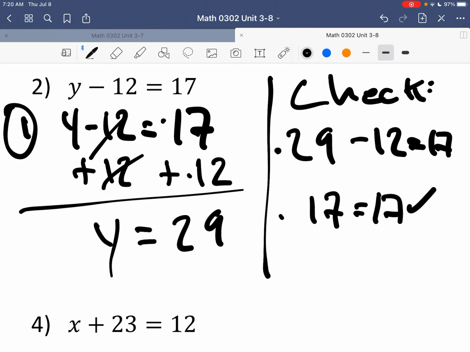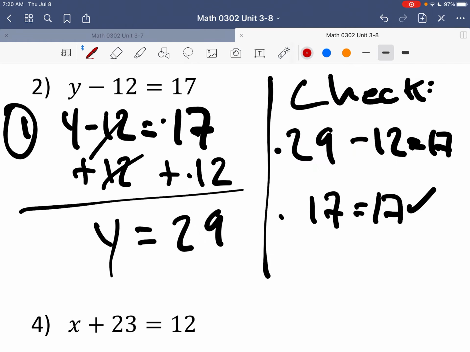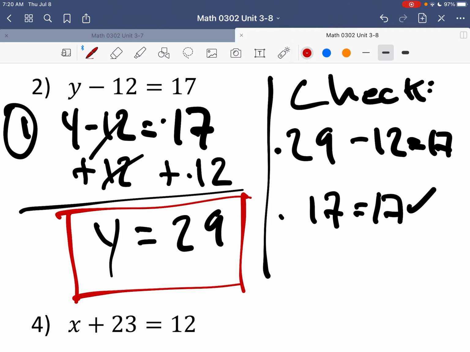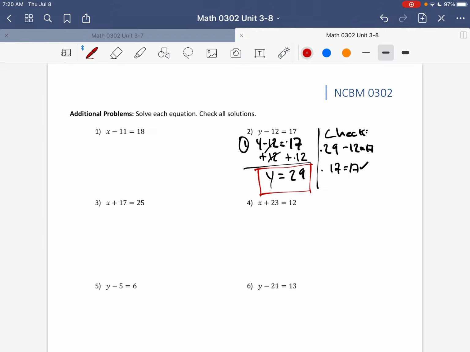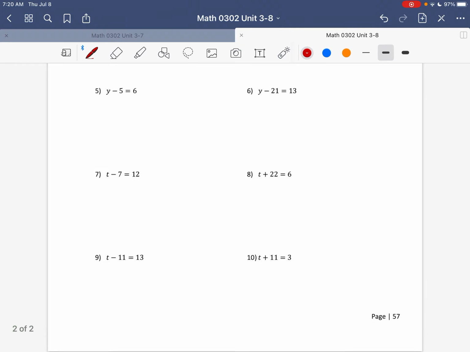So, yes, indeed, y equal to the number 29 is the solution for the equation. Okay, and let's see if we can do one more. I think we'll be good with this one.